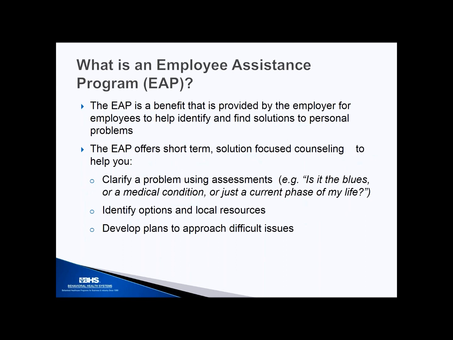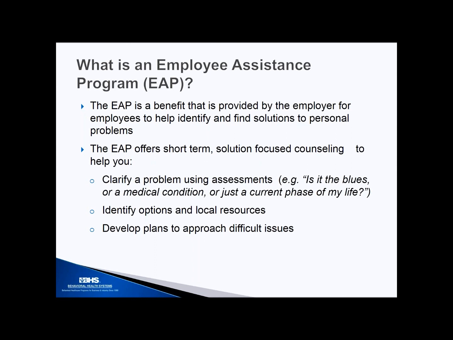What is an employee assistance program? For those of you who need to address what an employee assistance program is, feel free to use your handout information. I'm going to cover it in the first bullet. An EAP is a benefit that is provided by the employer for employees to help identify and find solutions to personal problems. An EAP offers short-term, solution-focused counseling to help you clarify a problem using an assessment.